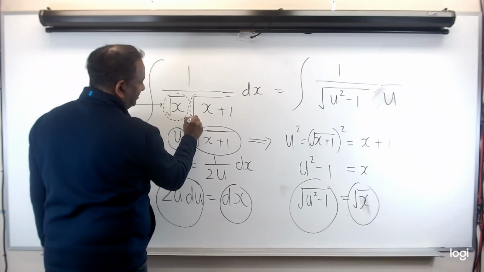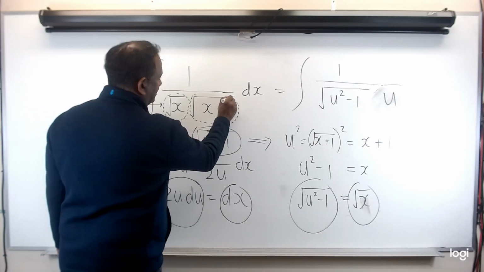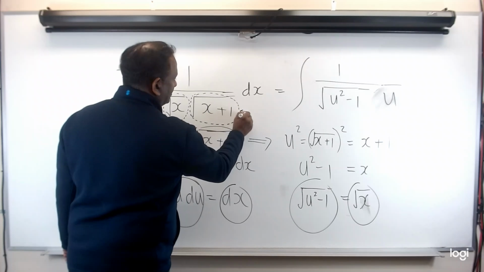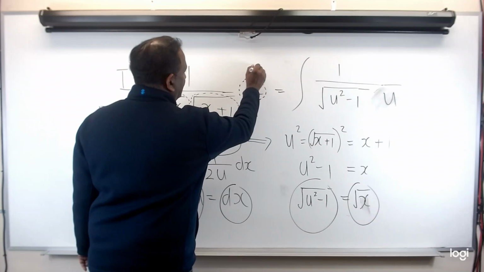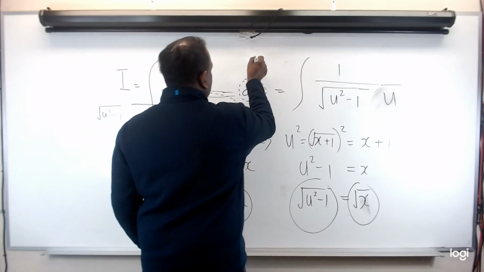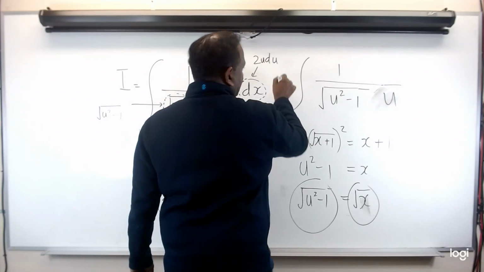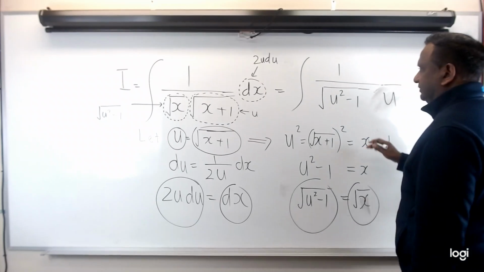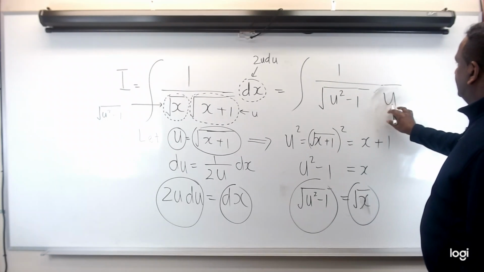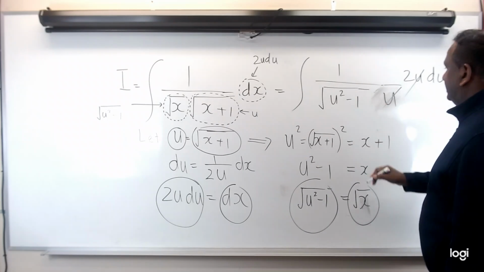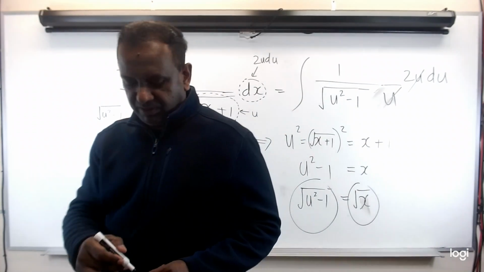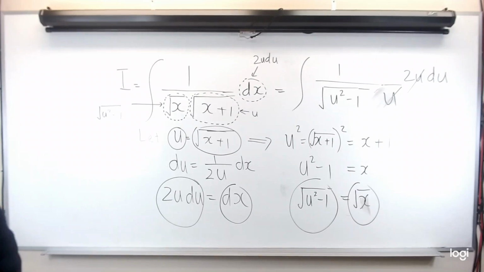This part is being replaced by u, and this part by 2u du. That's the idea. That's what I'm doing here. And 2u du, then the u gets cancelled off.